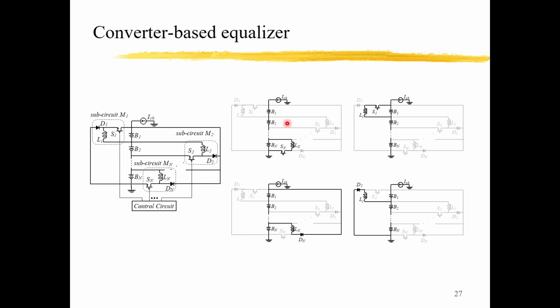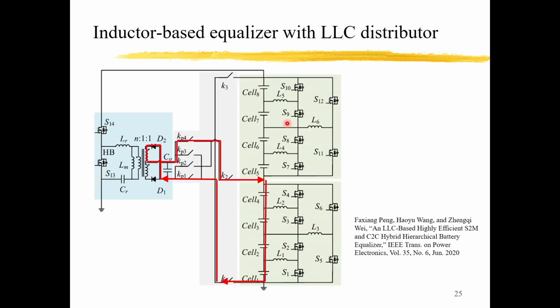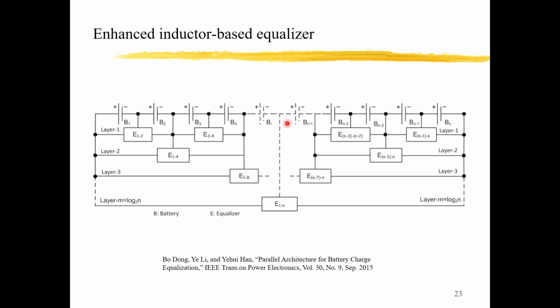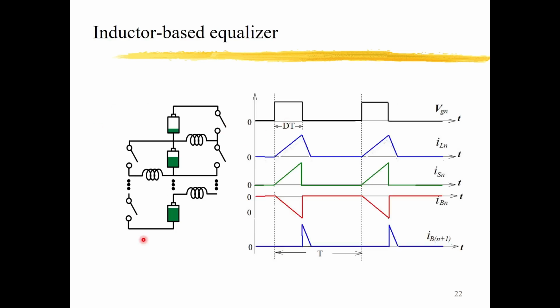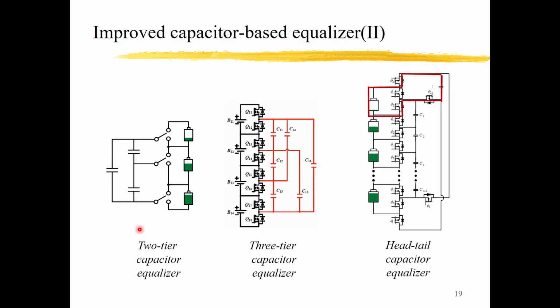There are many methods just like this, or you can find the inductor-based equalizer like this. We cannot directly transfer the energy to the target, and this capacitor-based method also cannot directly transfer the energy to the target. So every time it takes several transferences, and for each transference it loses some energy because the efficiency is never 100%.